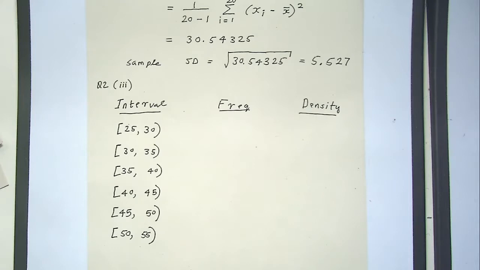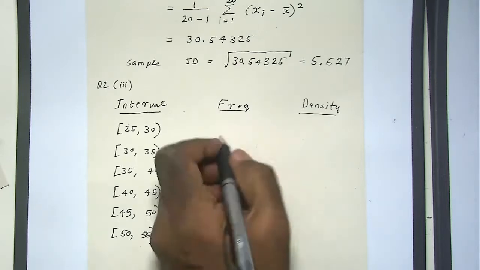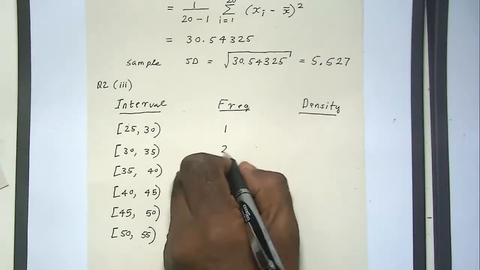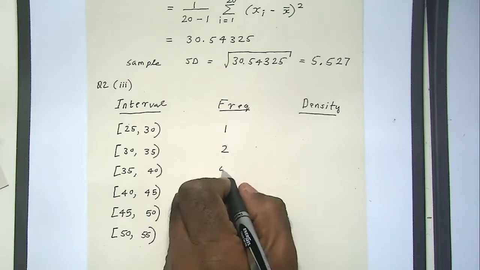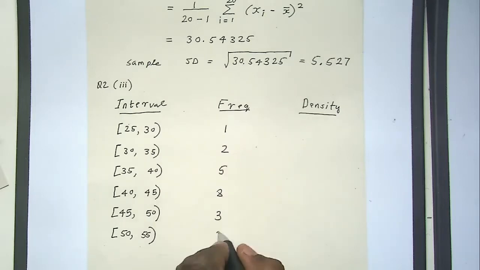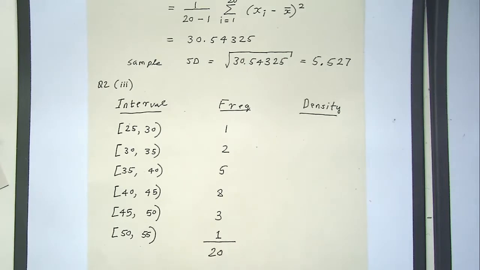The frequency is basically the number of data points that fall in each interval. For the first interval, there's just one data point. For the second, there are 2. The third, there are 5, 8, 3, and 1. So the total number of data points is, of course, 20.